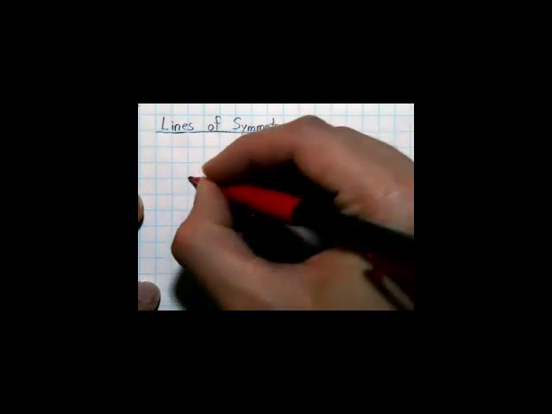That's a line of symmetry. So it's basically a line of reflection that you could put through a figure, through the middle of it, so that if you were to reflect it over that line, it would just be the same exact shape when you're done. Like, for example, let's say I have a square.